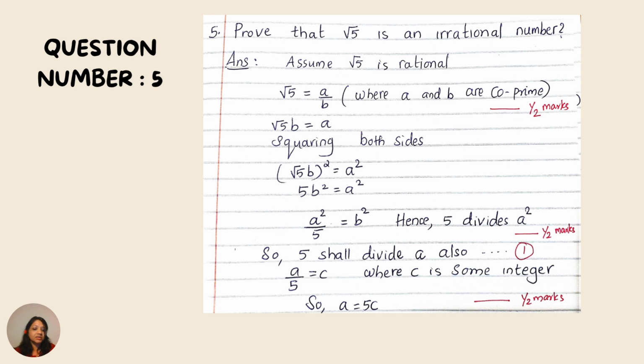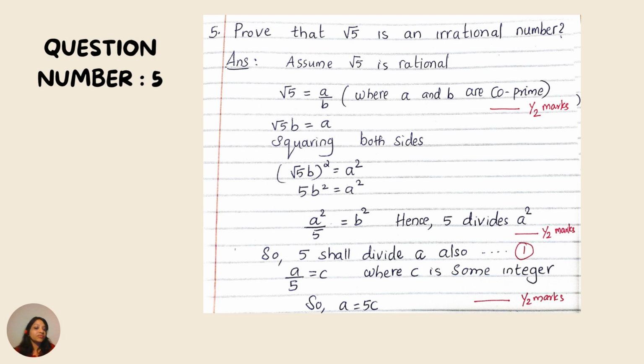Next one is question number 5. This is another proving method for irrational numbers. So prove root 5 is irrational. See, assume root 5 is a rational number. Again, you will get marks if you write these two steps: root 5 equals a by b, and a and b are co-prime.